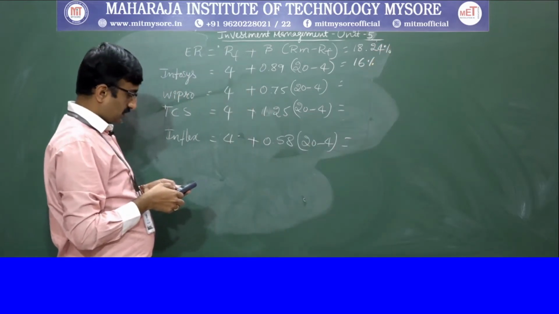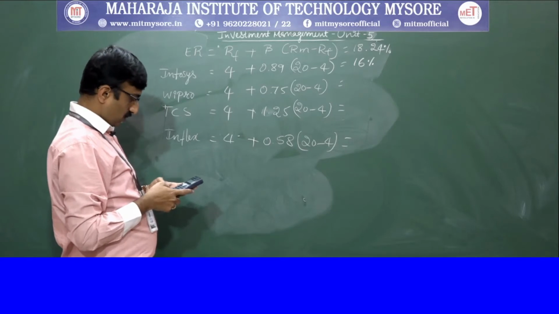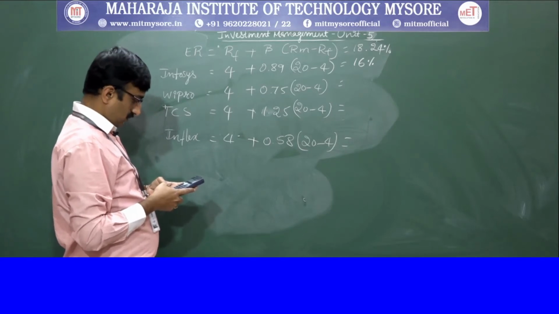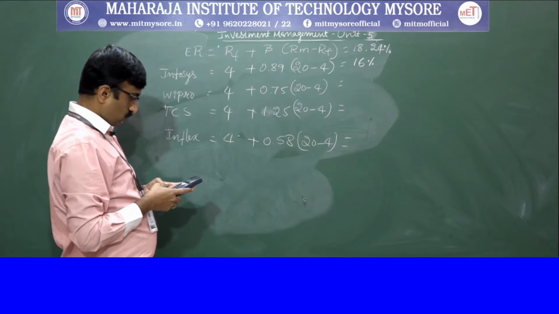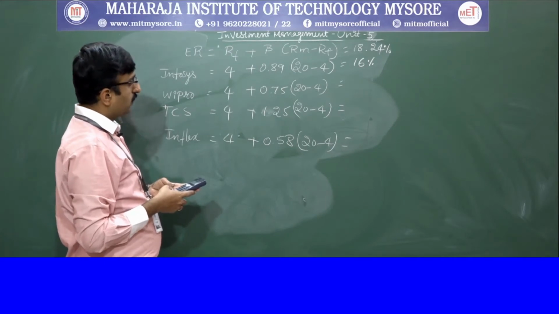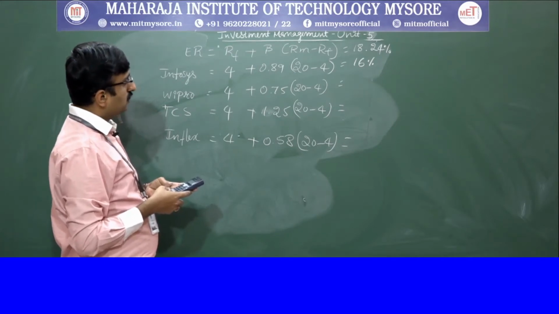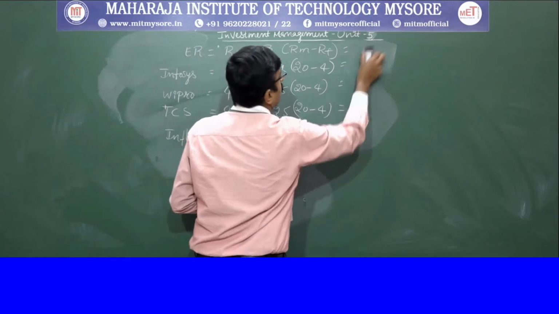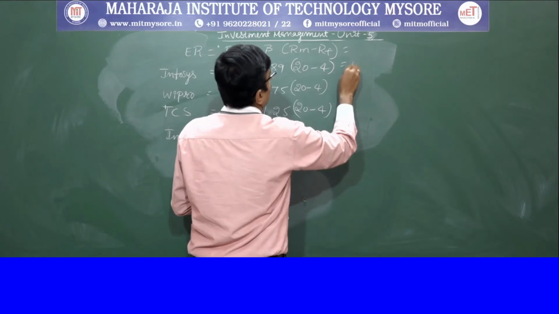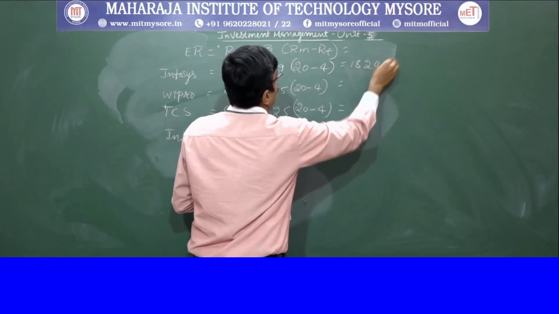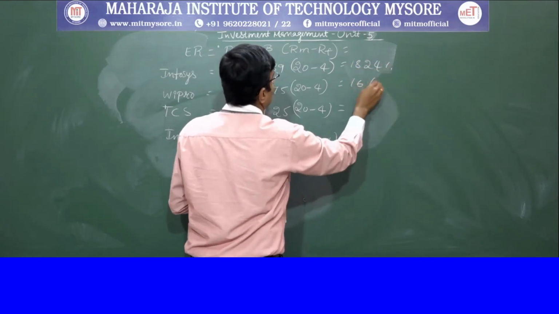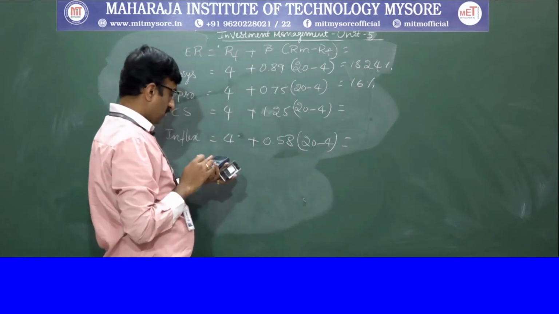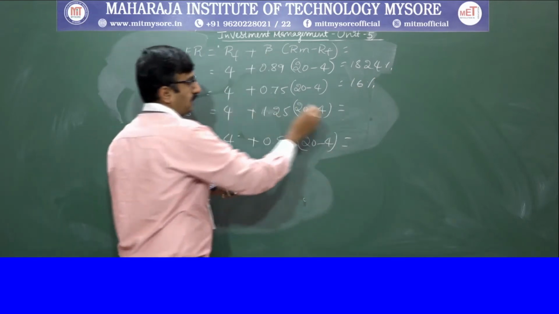Next, it is 1.25. You take it here, 18.24%, and 16%. The next one, you will get 24%.